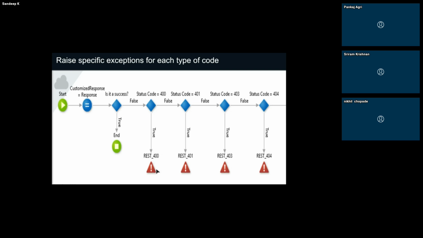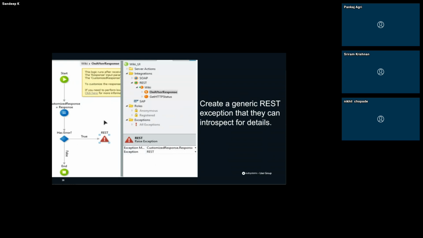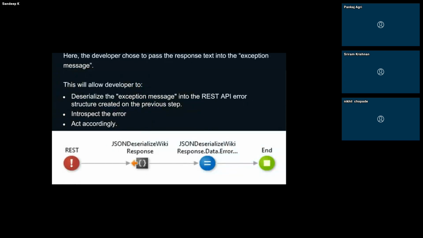Your service may not be passing the actual information, and you can customize the response here. This is where we can throw an exception and pass the message so that you can introspect and read the data.